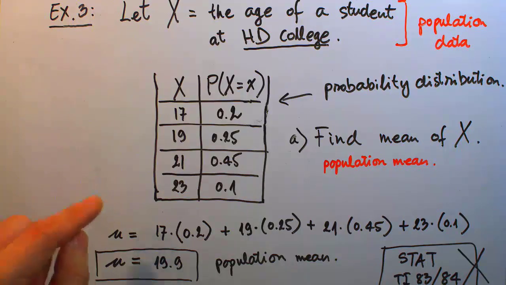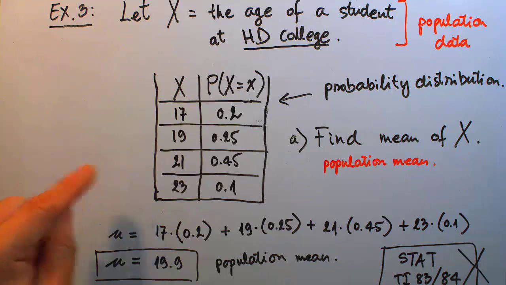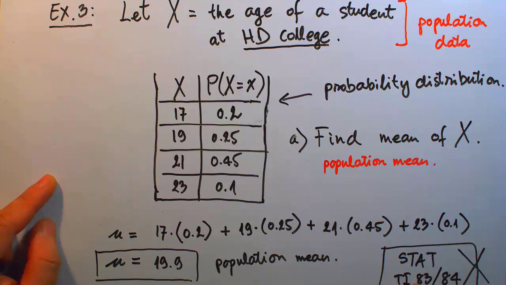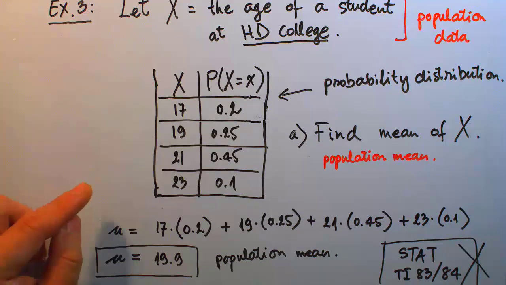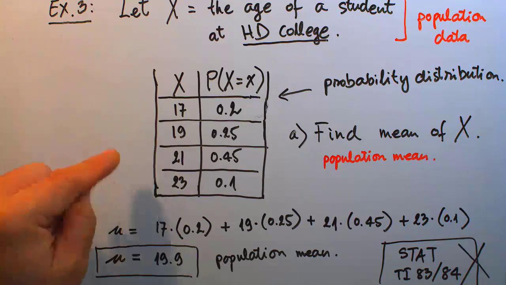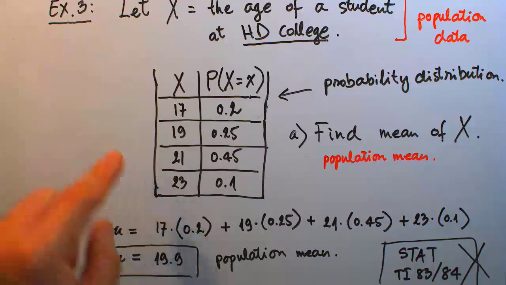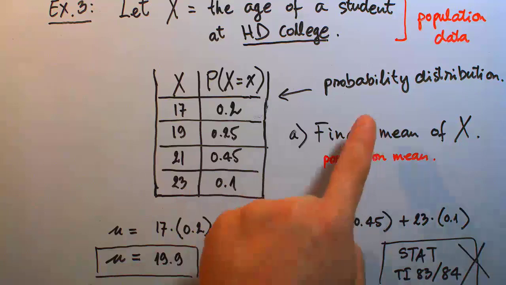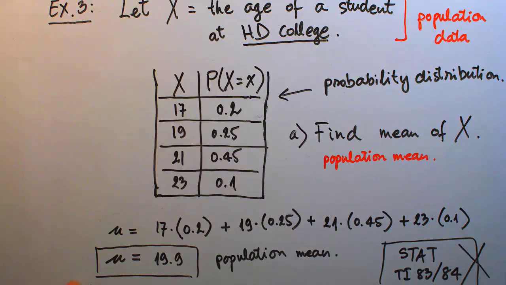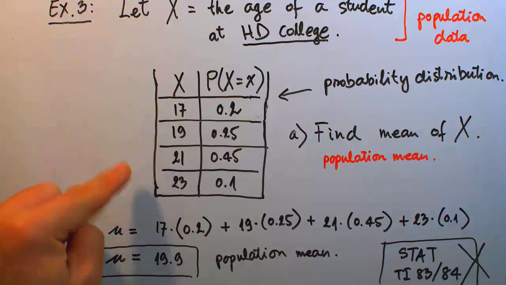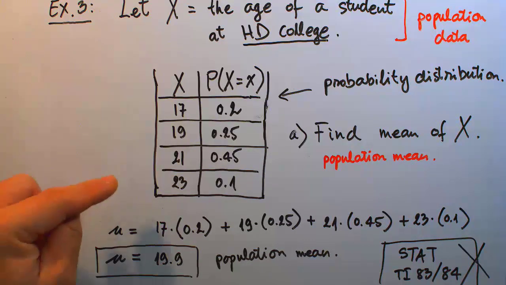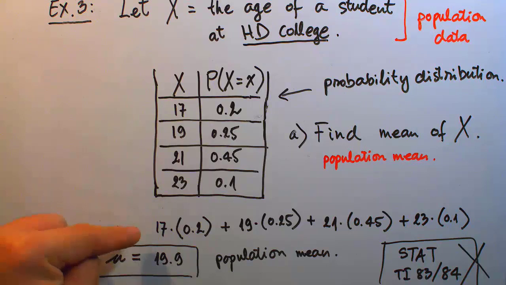And as a matter of fact, there are not too many technologies outside of the TI 83, 84 that can handle calculating on a probability distribution like this. So make sure you know how to use the formula. Normally, when it comes to a probability distribution, our work for finding the mean value is quite short.